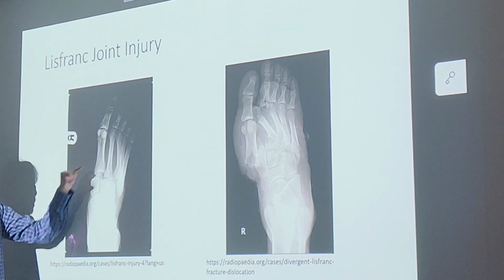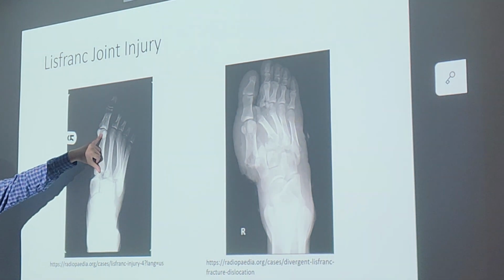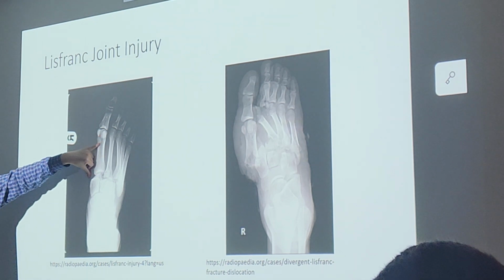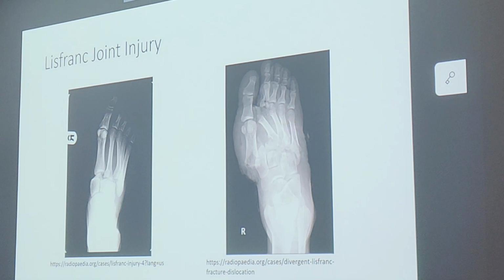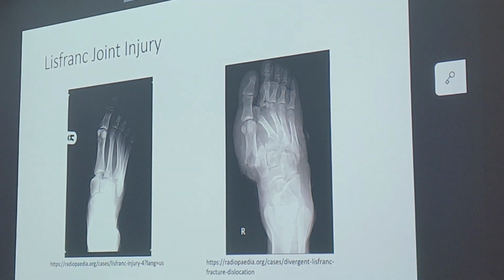Because now that you don't have anything holding this in place, as you're walking, this is going to go medially like this, and that's not good. Definitely not going to be comfortable.